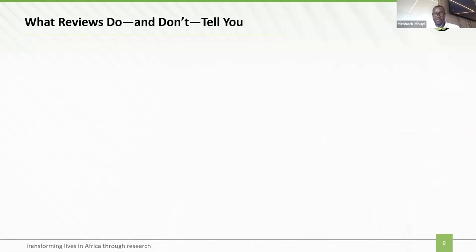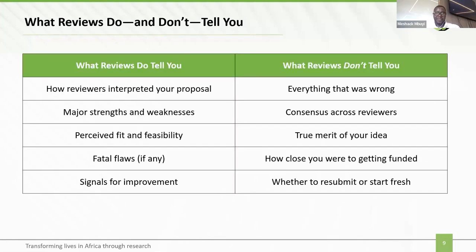It's important to also look at what reviews do and don't tell you. What reviews can tell you: when you receive review feedback from the reviewers, there are things that you can quickly glean from the comments. You can understand how the reviewers interpreted your proposal, you can understand your grant application's major strengths and weaknesses.